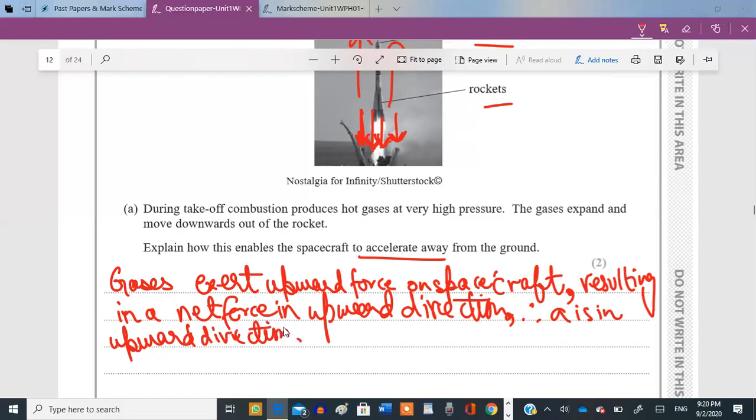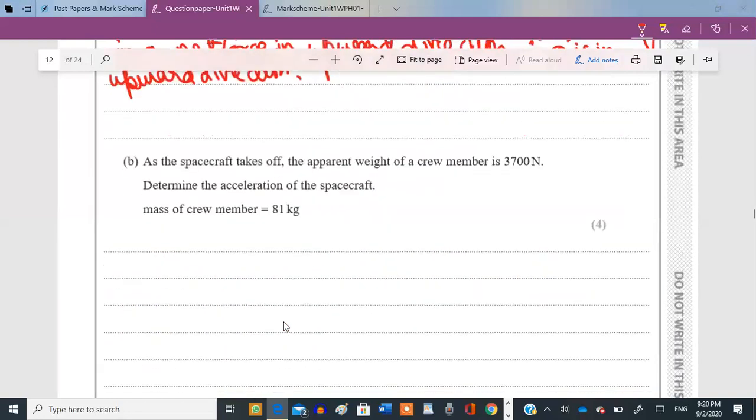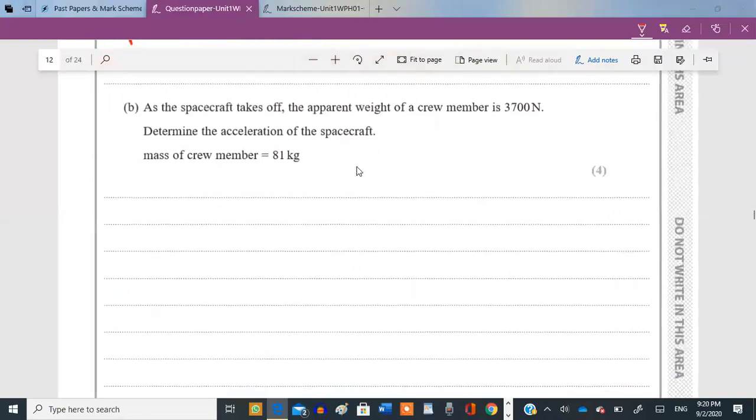Moving on. As the spacecraft takes off, apparent weight of the crew member is 3,700 Newton. Determine the acceleration of the spacecraft when the mass of the crew member is 81 kg. Remember apparent weight while the object moves upwards. When the object moves upwards, the apparent weight increases, right?